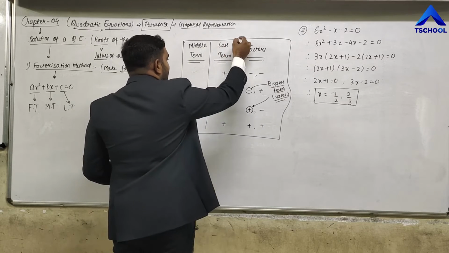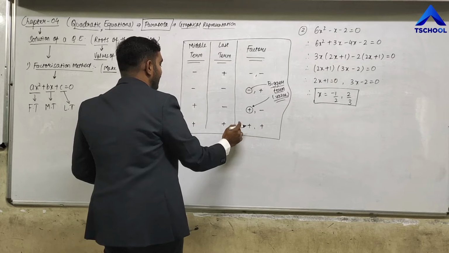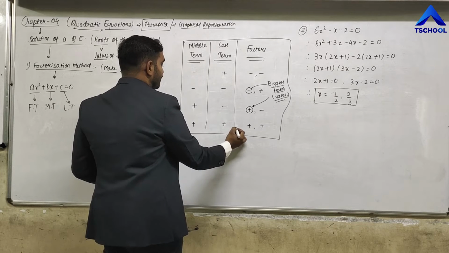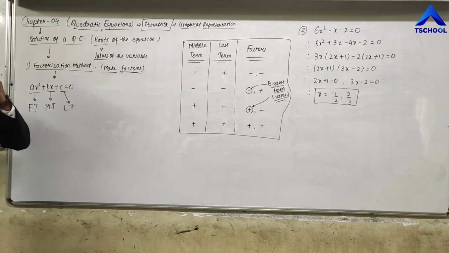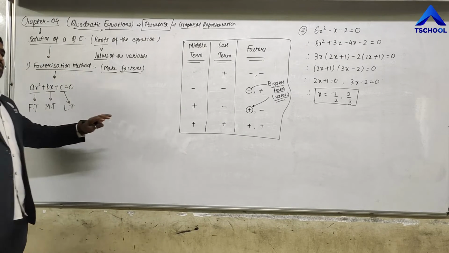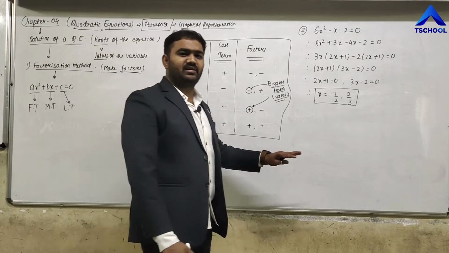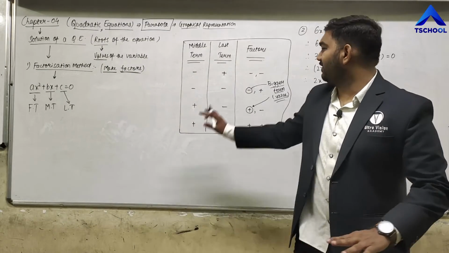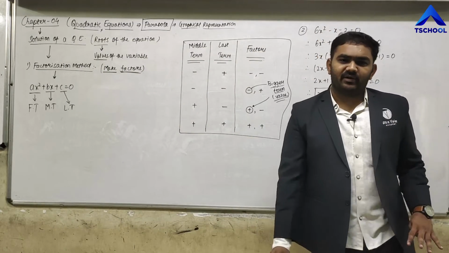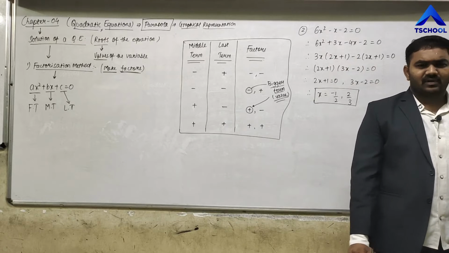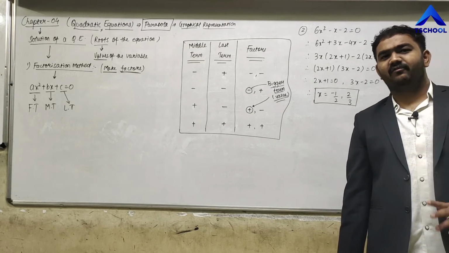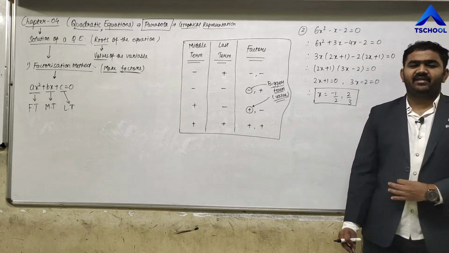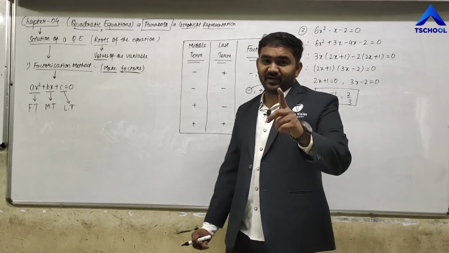Friends, you will not find this table anywhere in the textbook, nor in any of the reference books. This is prepared by me, so you can take a look, solve any examples related to this table, and check whether you are getting factors like this or not. If not, I may have made a mistake, but you will get them, because I have verified it for every example that can be solved by the factorization method.